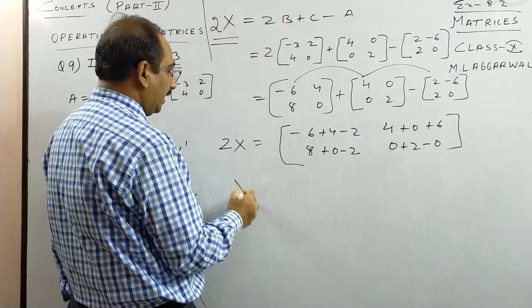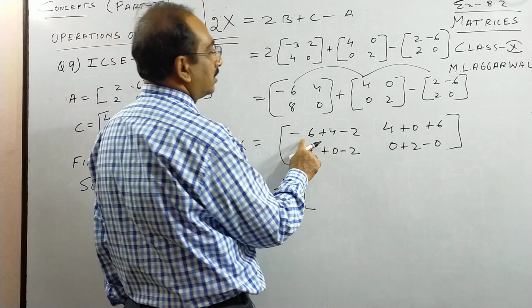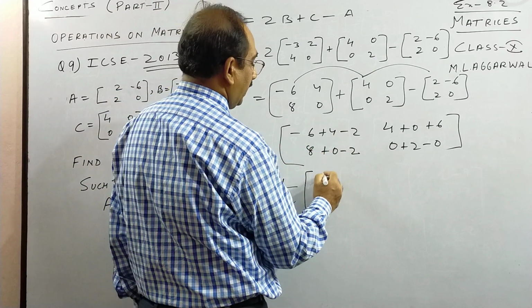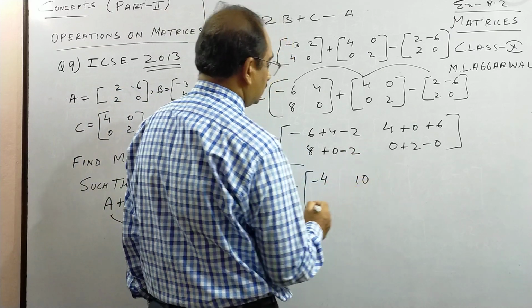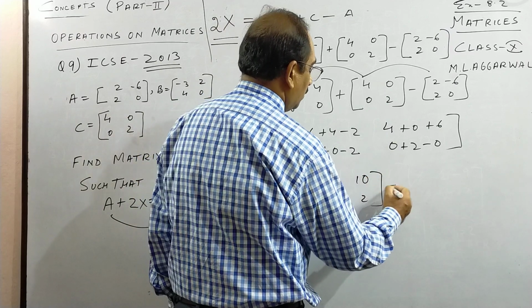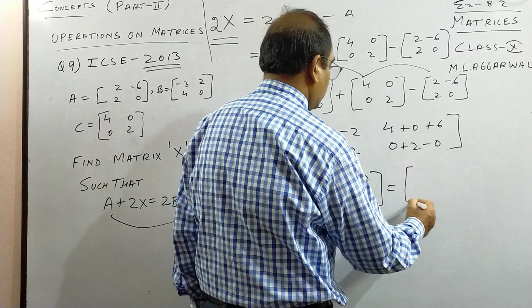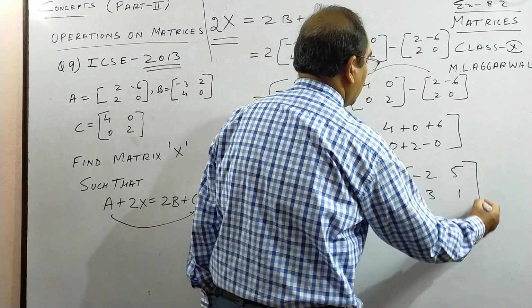So x we get is half of this matrix. So minus 8 plus 4 is minus 4, this is 10, this is 6, and this is 2. So when you do half of all this, you get minus 2, 5, 3 and 1.